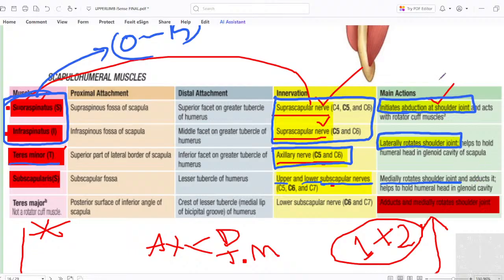Again, supraspinatus, initiation of shoulder abduction. Infraspinatus and teres minor, lateral rotation, and subscapularis, medial rotation.